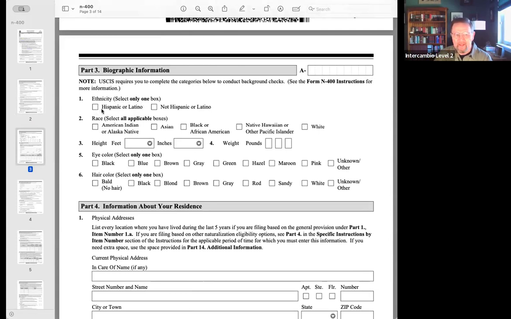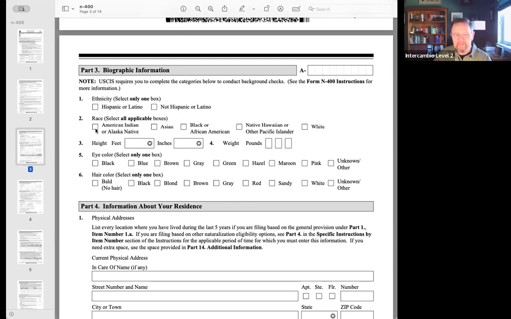And for this, obviously, Hispanic is somebody who comes from a Spanish culture, like from Spain, Mexico, Central America, South America, except for Brazil. Latino includes people who are living in Brazil. They're considered Latinos, but you're either Hispanic, Latino, or you're not.